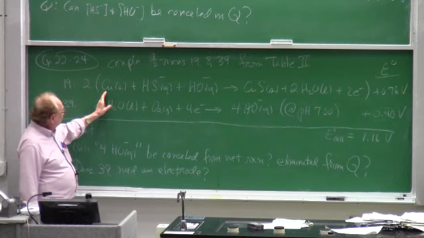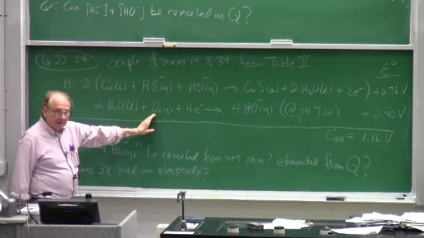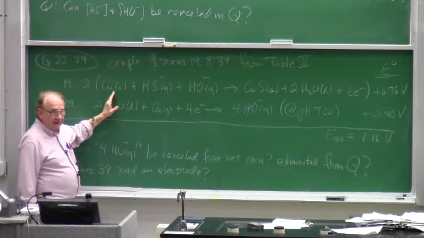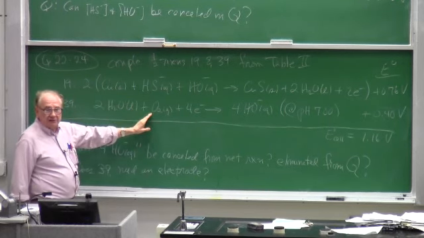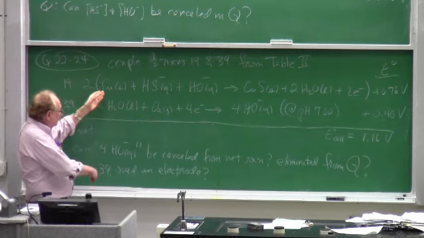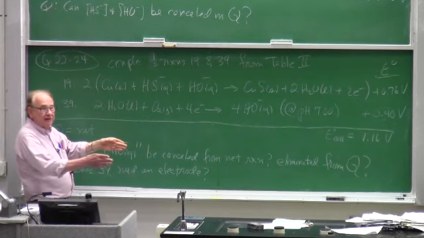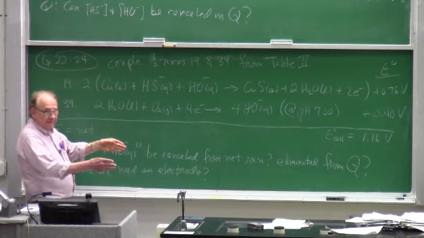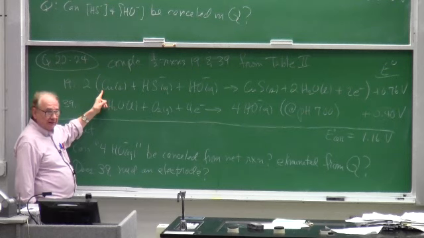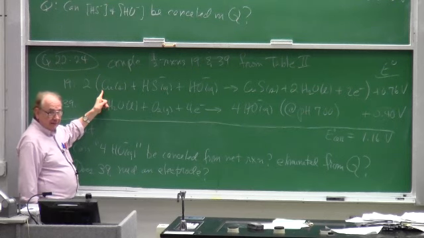But here, the reducer's copper and the oxidizer's oxygen. So what do I have to physically separate in this system? Copper from direct contact with the oxygen that's bubbled into the system. Right? But I could have a plate in there. Each half cell can be conducted in the same electrolyte. As long as I don't have this stuff touching this stuff, I won't have a short circuit. Is that all right?